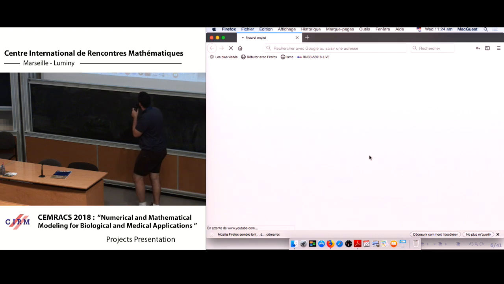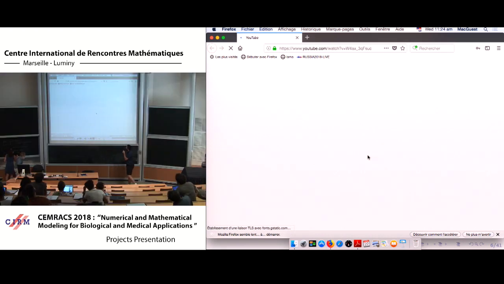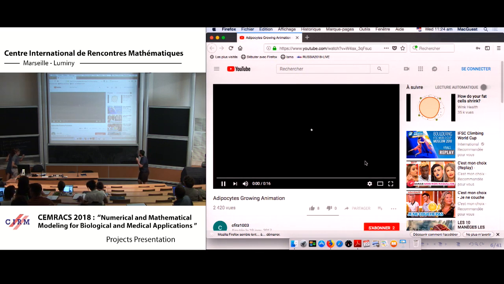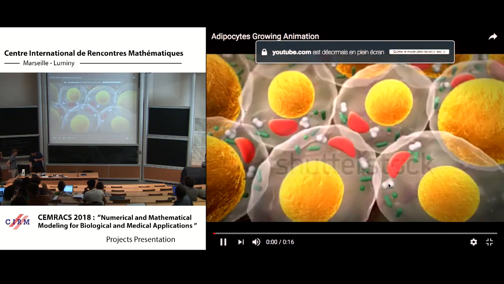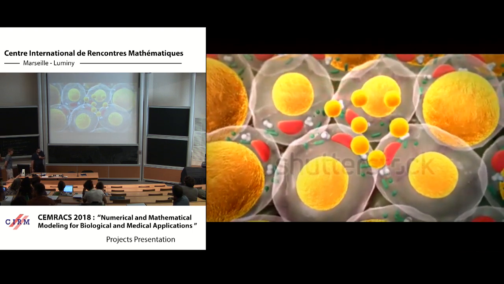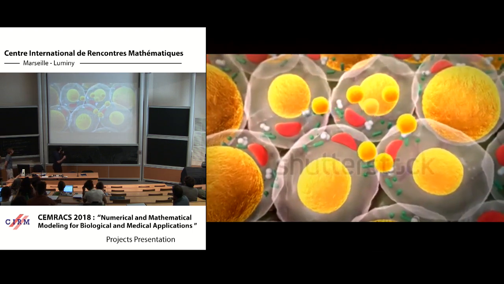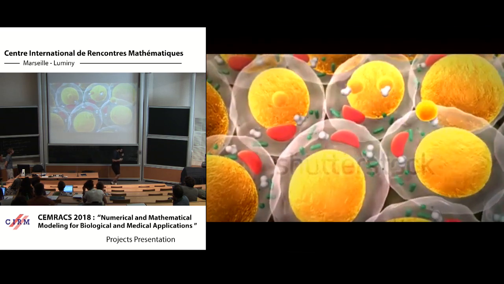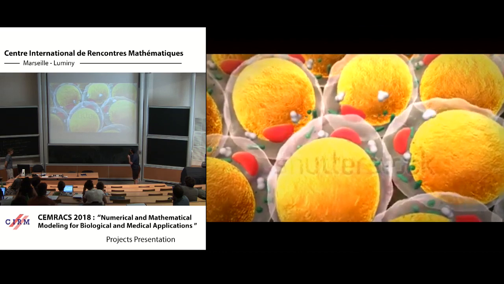Okay, here is the video that shows how the lipid droplets are stored in the body. You can see in yellow the lipid droplets, which then enter inside the adipocytes and make them grow.